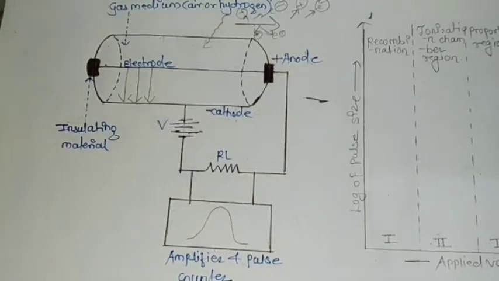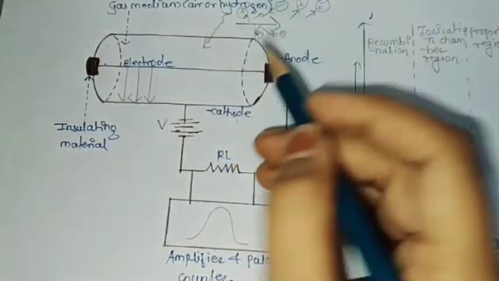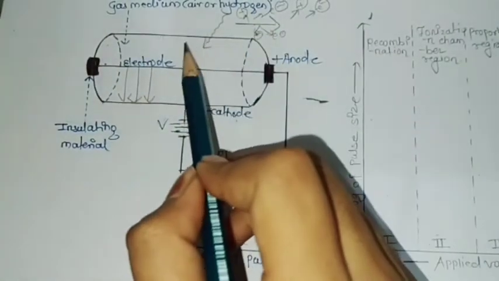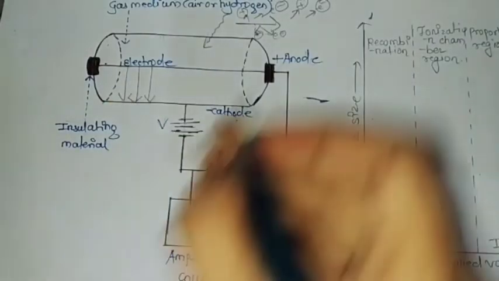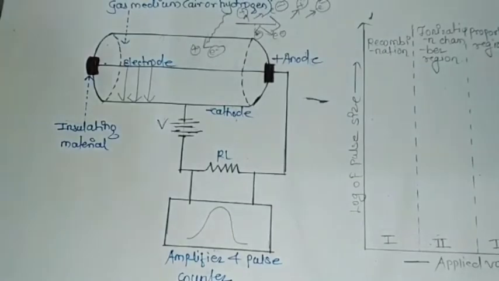Every time external nuclear radiation enters this material medium and creates positive ions and free electrons, these charged particles are subjected to this electric field.